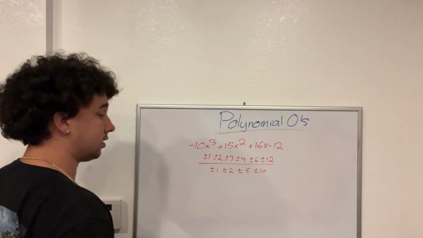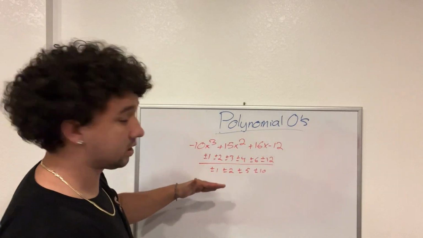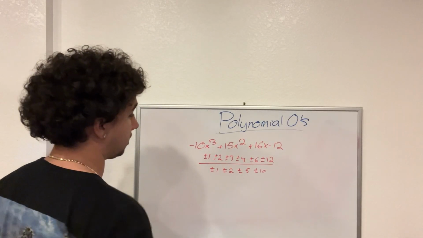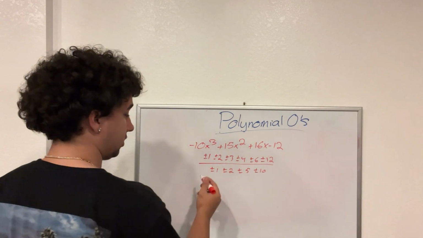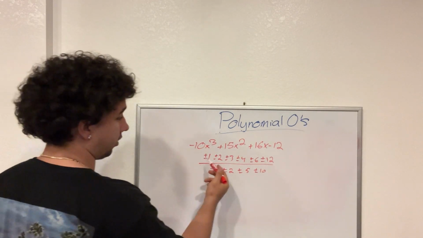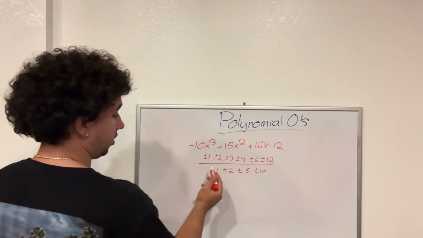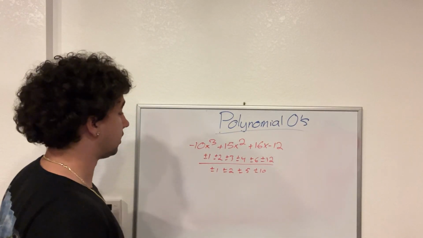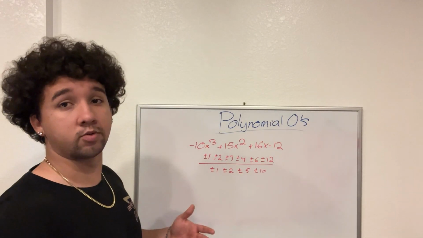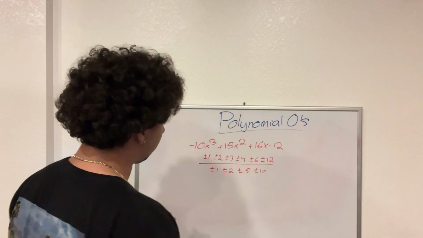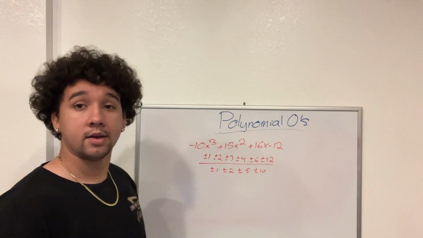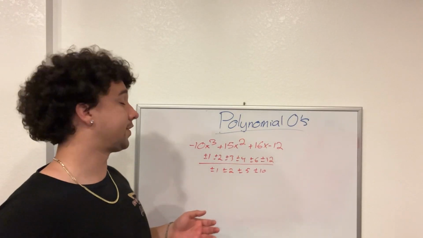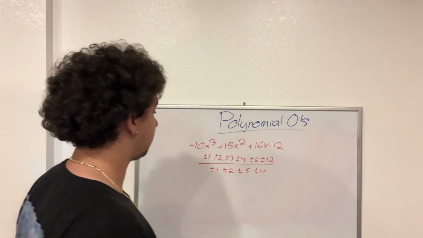Any one of these possible combinations, so any one of these fractions or whole numbers, is a possible root. Anything over 1 would be any of the top values, and anything else is just going to be a fraction. So I can plug all of these in, see what gives me 0, and whatever gives me 0 is ultimately going to be the answer.